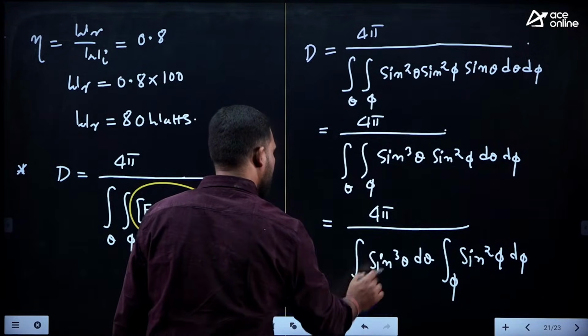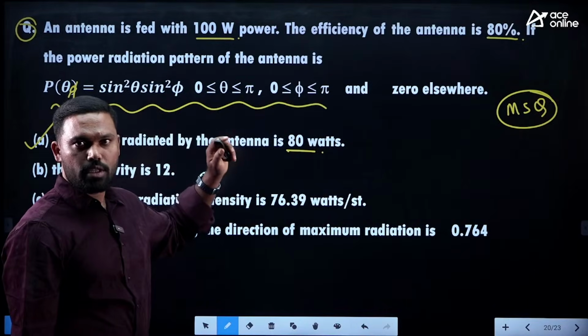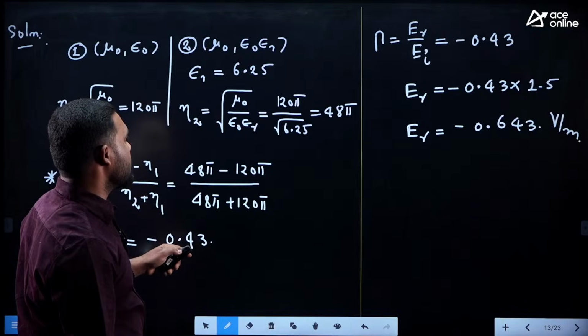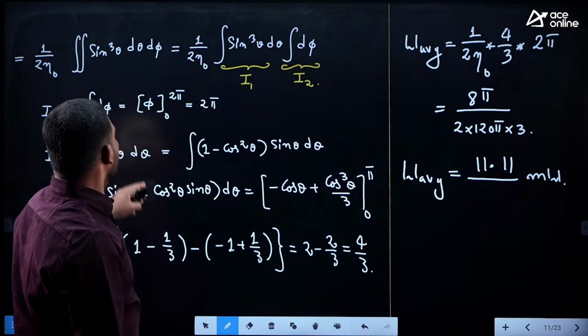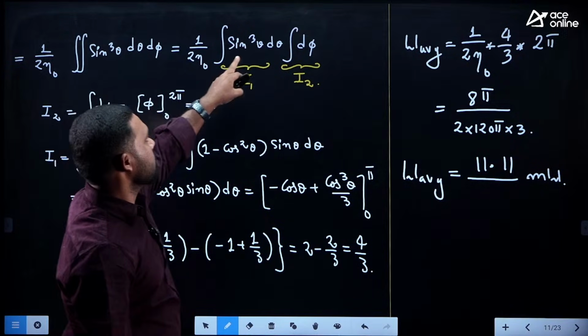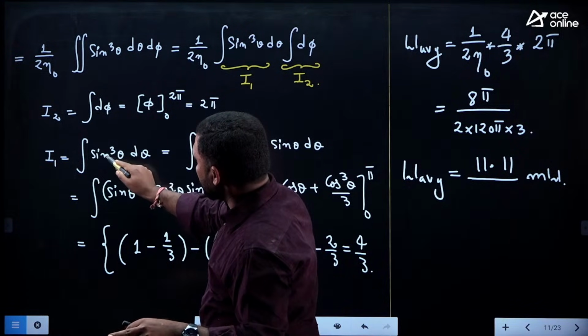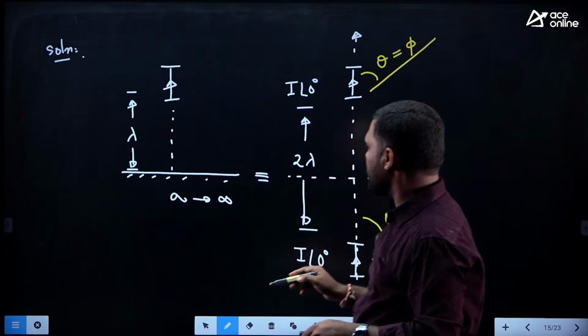So how do you make this integration? Anyhow, theta limits are from 0 to pi only. So it is 4 by 3. In the previous question we have done that one. The integral from 0 to pi of sin cube theta is 4 by 3. So I will make use of that, but you need to do it in the exam, isn't it?